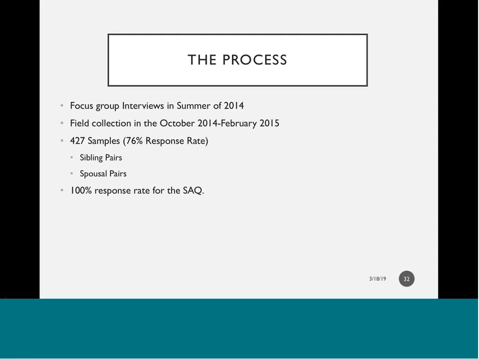From our sample frame, the folks we decided we would go after and try to get these samples from, we ended up with a 76% response rate, which is very high. And we had a mixture of both siblings and spouses as well. So basically fecal samples were collected on both sibling pairs and spousal pairs. And we also did a self-administered questionnaire which collected data on things like nutrition and some other critical data that we needed when we collected the fecal sample.